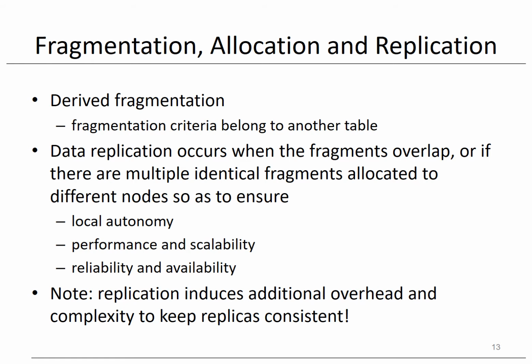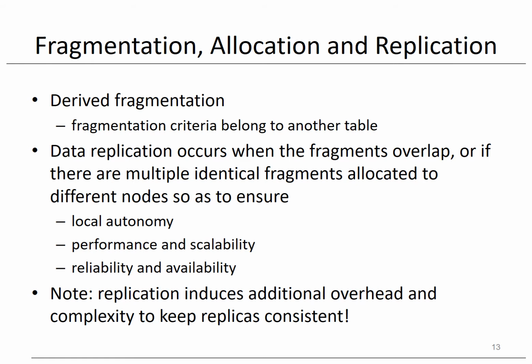Data distribution entails the partitioning of the global dataset into smaller subsets called fragments, which are then allocated to individual nodes. The subsets may or may not be disjoint. If the subsets overlap, or if there are multiple identical subsets allocated to different nodes, we have data replication.